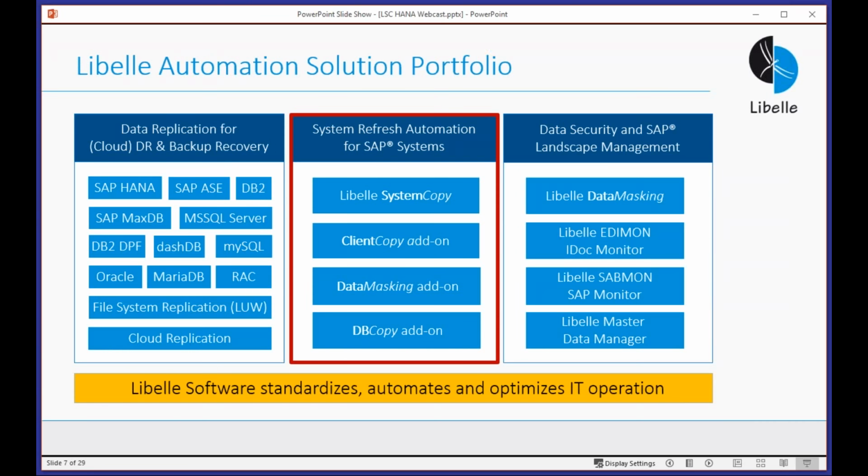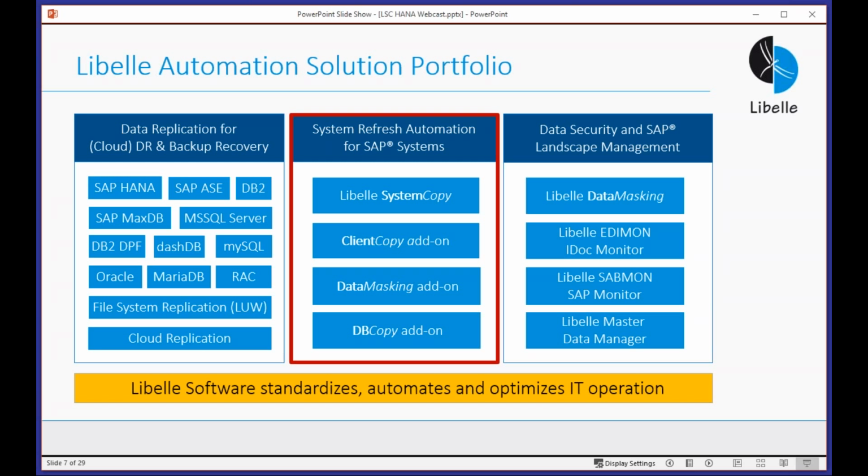Our portfolio: we are a software company. That means we are licensing software, selling software. In the middle, you see what we're going to talk about today, Libelle SystemCopy. There are other iterations and add-ons of this SystemCopy solution, which is a client copy.